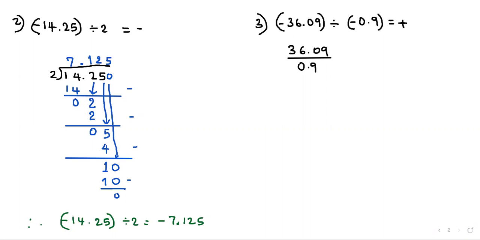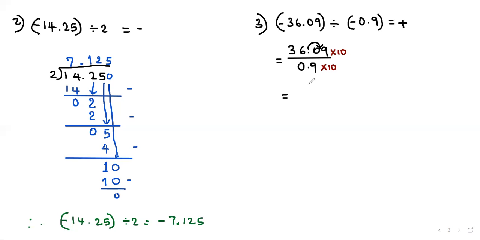So what can we do to 0.9? Times 10. Very good. And also times 10 here. So what are we going to get? 3.6. Remember, the decimal point will skip one digit here.